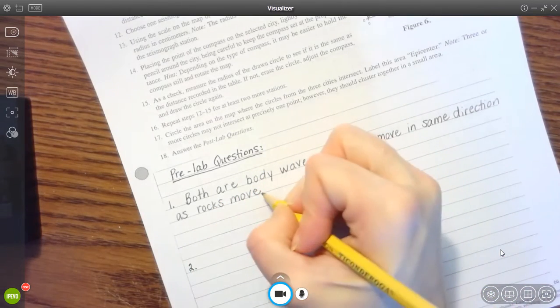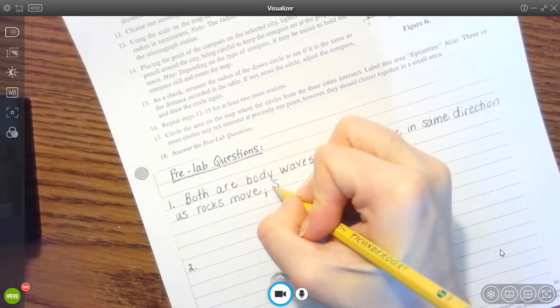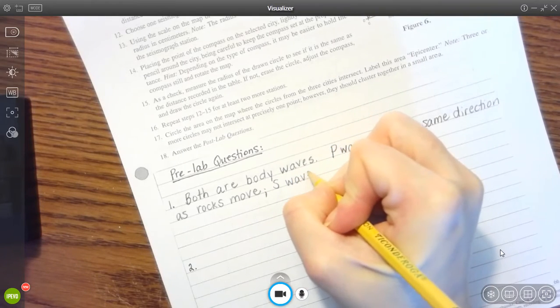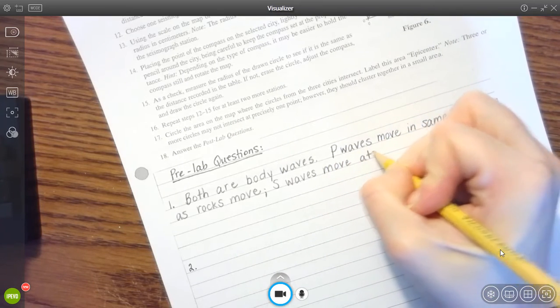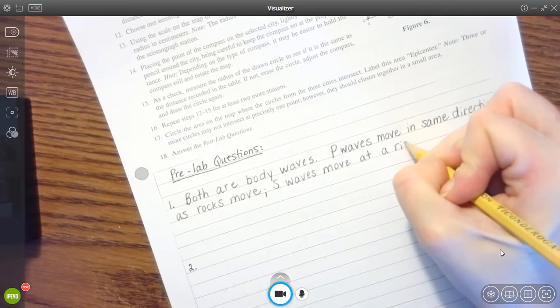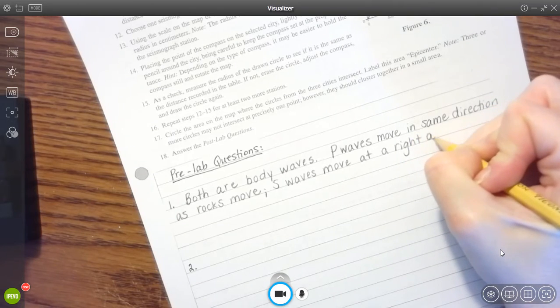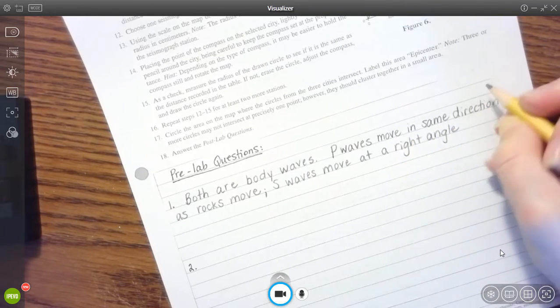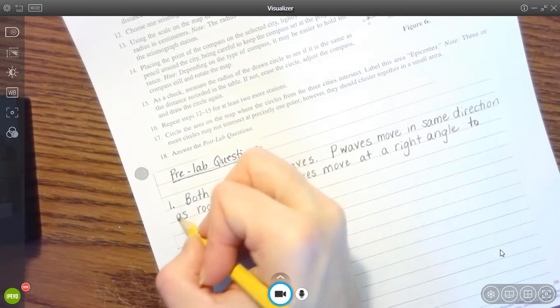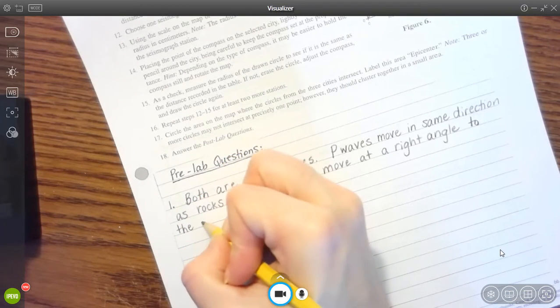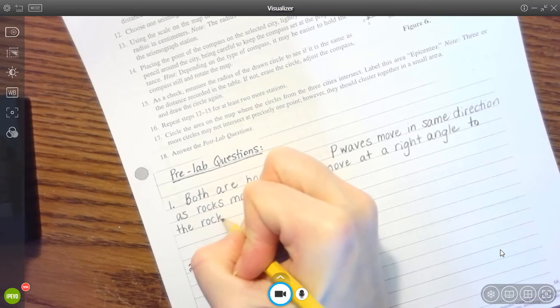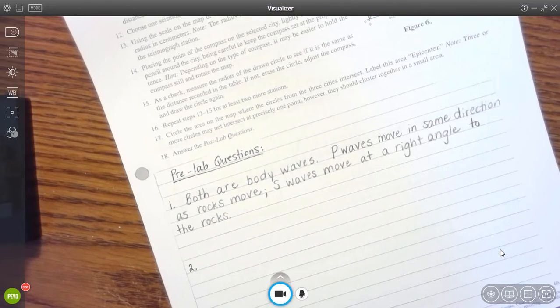And the S waves move at a right angle to the rocks. We saw that with the two slinky demonstrations that we did back when we were in class.